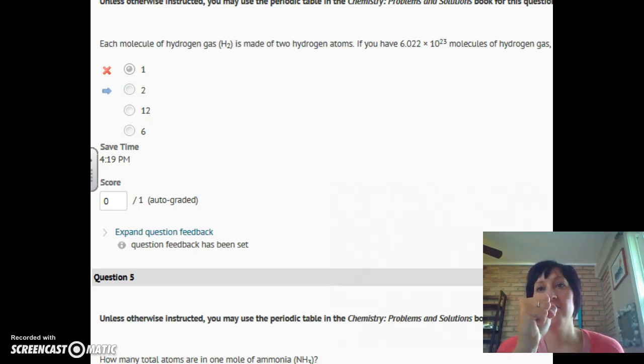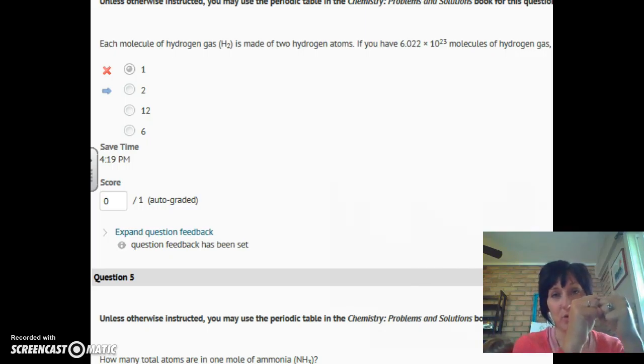So if I have a dozen atoms of gold, I would have 12. Well, if I have hydrogen, which is H2, and I had a dozen of these, how many atoms do I have? Well, a dozen is 12, so if I had 12 of these, I'd have 24.